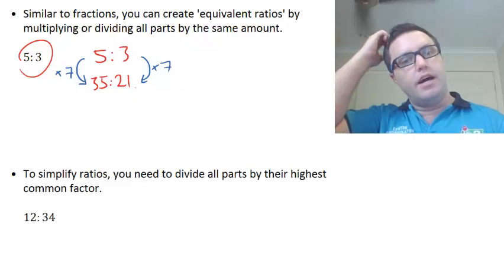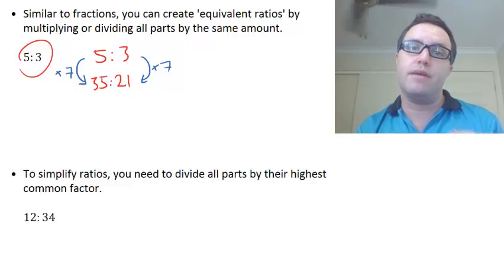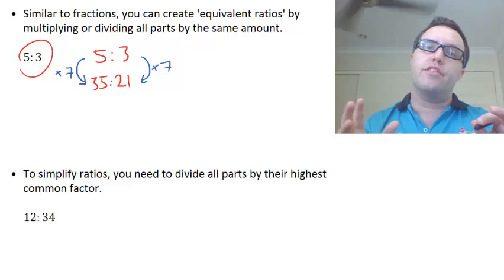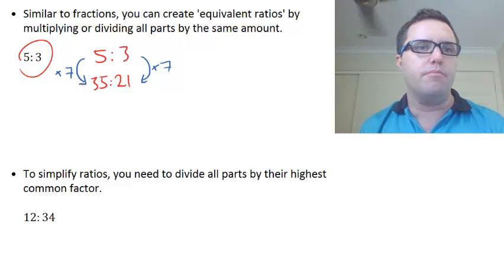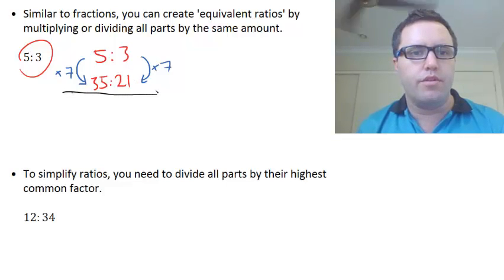That's the same as with fractions, where we create equivalent fractions by multiplying numerator and denominator. With ratios, as long as you're multiplying all the different parts, it's no problem. It's also no issue if you have more than 2 pieces in the ratio.